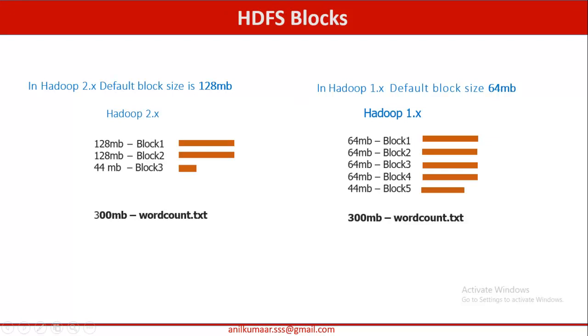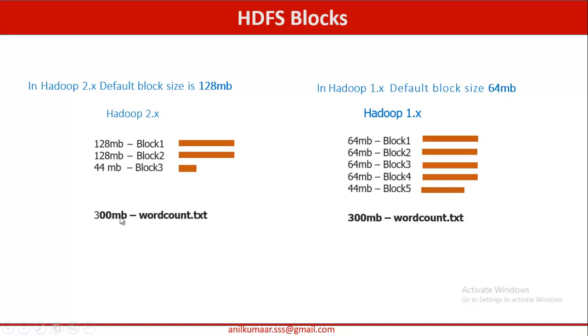If you want to increase the block size from 64 to 128 or 198, this is possible. Having a bigger block sometimes provides an advantage and sometimes a disadvantage. We'll discuss these key points in our next session: the advantage of having a bigger block and the advantage of having a smaller block.